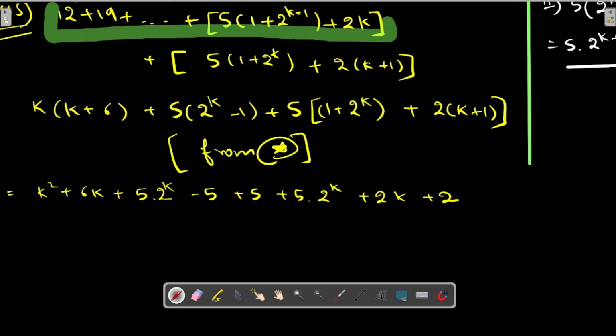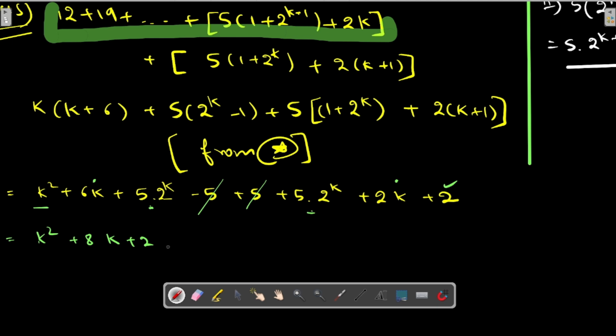Now this and this is gone. Now k square, right? So there's just one k square. Then you have your 6k over here and you have 2k. So that gives you 8k, right? And then you have a plus 2. Let's put plus 2 over here. And you have this term and this term.